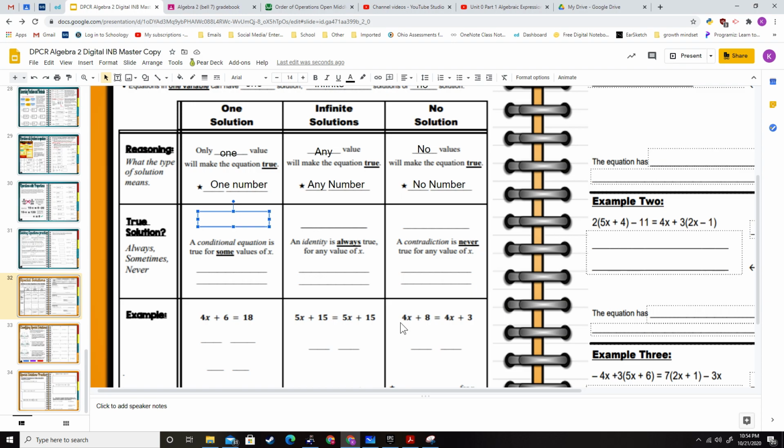In this next column, what can be true solutions for these particular situations? If you have one solution, sometimes you could have a true solution. What that means is there is a conditional equation and it is true for some values of x. So for an equation that has only one solution, there are only going to be some values that work for it as opposed to other values.